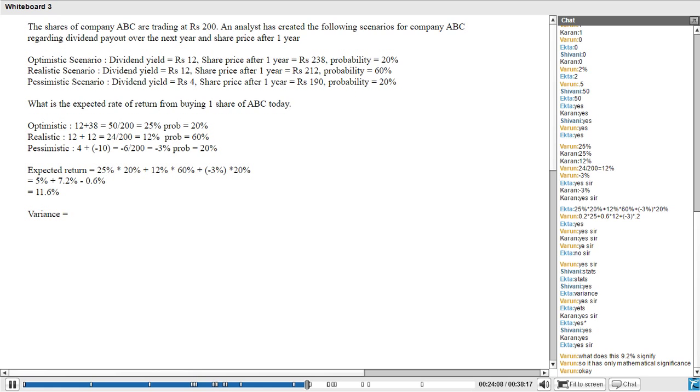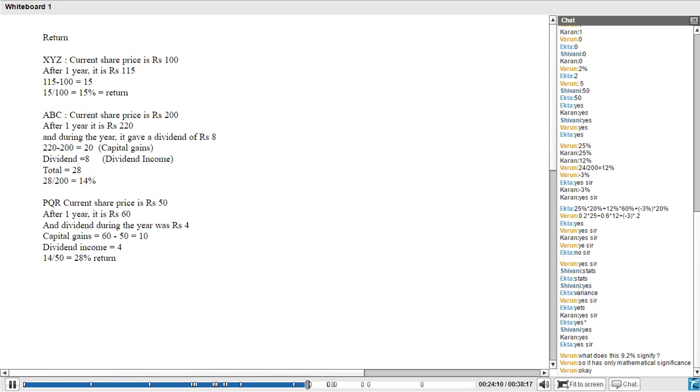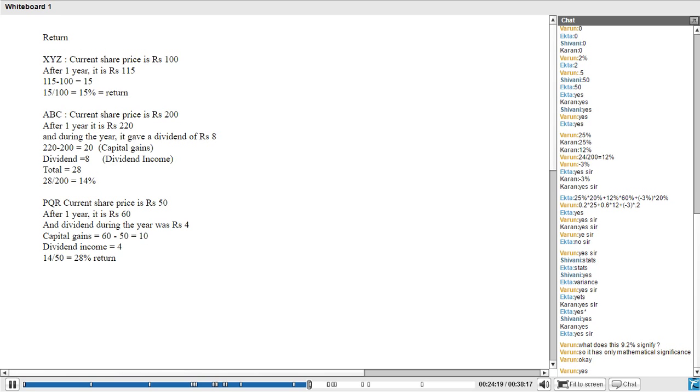So for example, before we solve this, we solve the return for company PQR. You all remember this example we did? What would be the standard deviation in this case? Can anybody tell me what would be the standard deviation for PQR, when we had computed the returns?